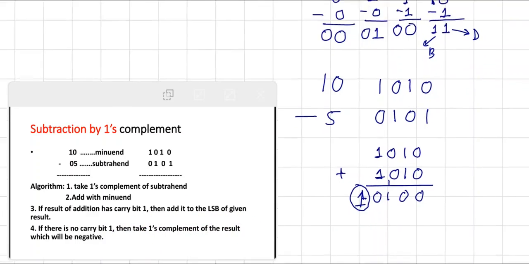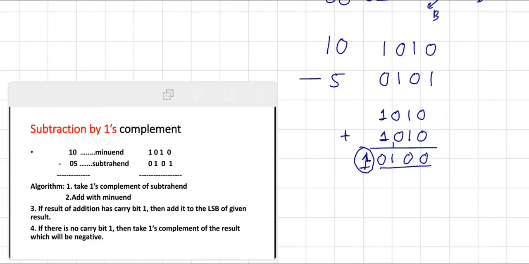So now what is happening? We have got this result, 0 1 0 0. We have to add this carry bit. This is the procedure, remember that. If I add it here, what I get is 0 1 0 1.